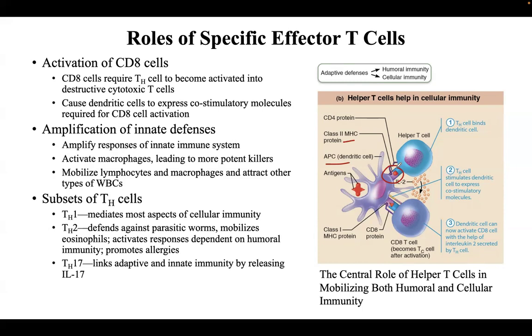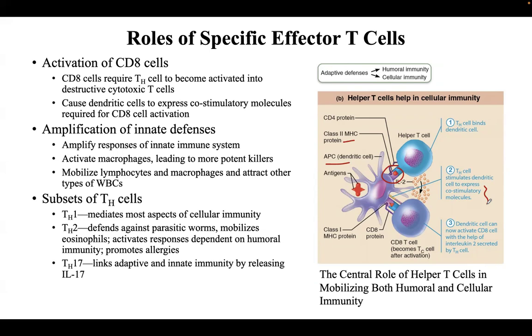But in this process, what is happening? The Th cell is stimulating the dendritic cell to produce co-stimulatory molecules. The T cell is getting attached to the APC and getting activated, but in this process it is also producing molecules like cytokines, for example IL-2 and IL-4. These molecules will help the CD8 get activated. How?